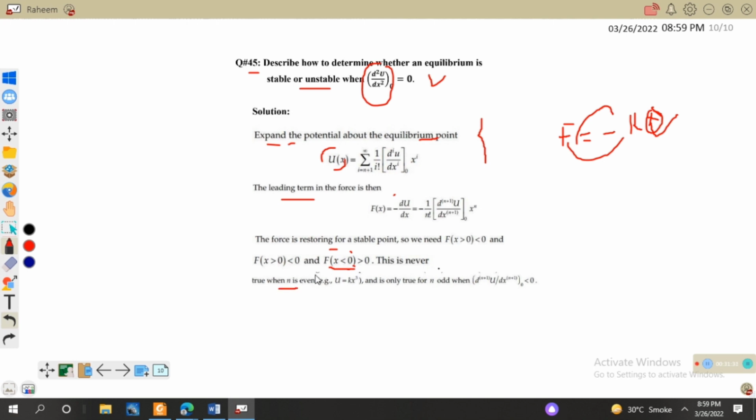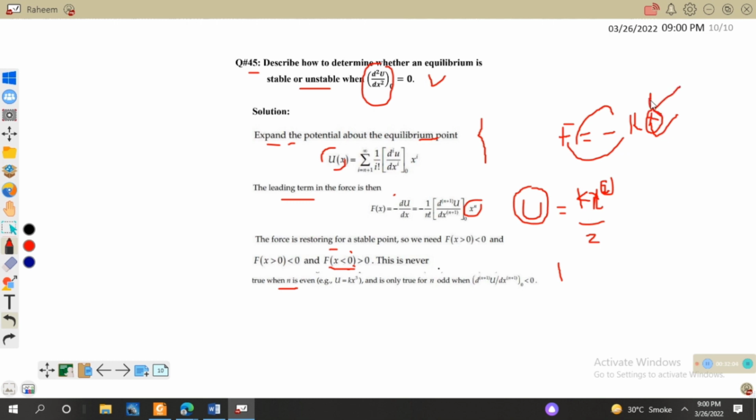When n is even, if U is equal to kx square over 2, where the power is even, and we want to find the force, then F will be equal to minus dU over dx, so F will be equal to minus kx.